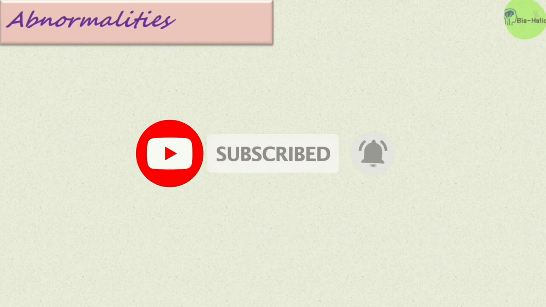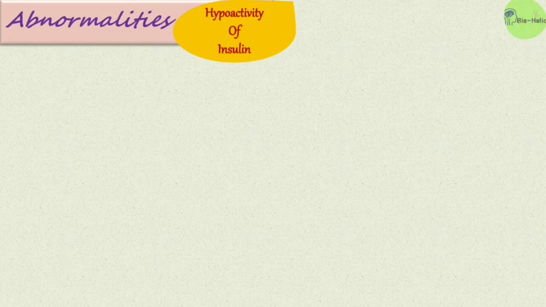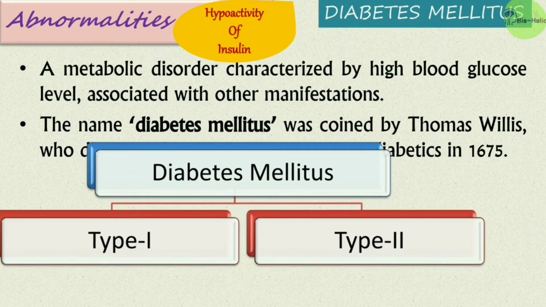Now, abnormalities in insulin secretion result in different health conditions. Hyperactivity of insulin leads to diabetes mellitus. So, diabetes mellitus is a metabolic disorder characterized by high blood glucose level associated with other manifestations. The name diabetes mellitus was coined by Thomas Willis, who discovered the sweetness of urine from diabetics in 1675.